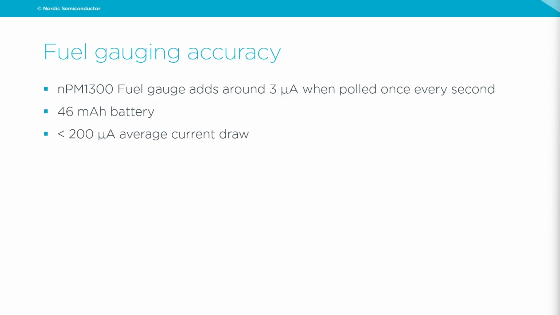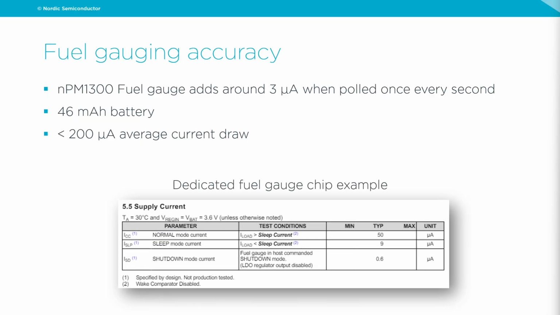So here's an example from an anonymous Nordic customer. They have a 46 milliamp-hour battery, and their application draws less than 200 microamps of average current. They looked into adding a discrete fuel gauge component, and that component's current draw looks like this.